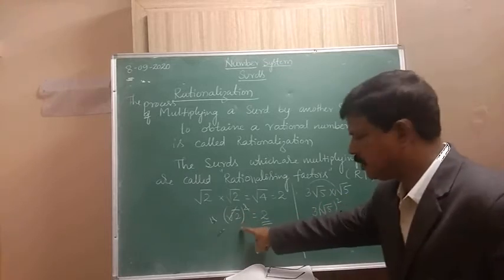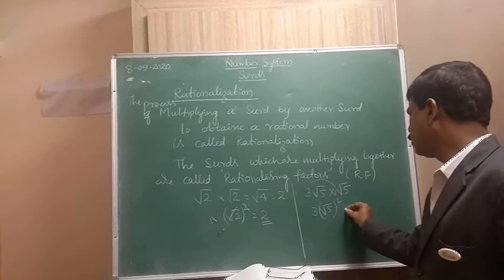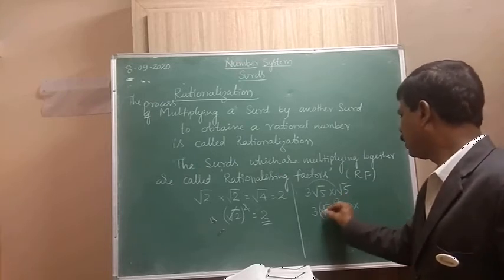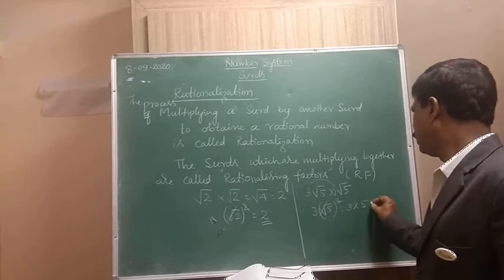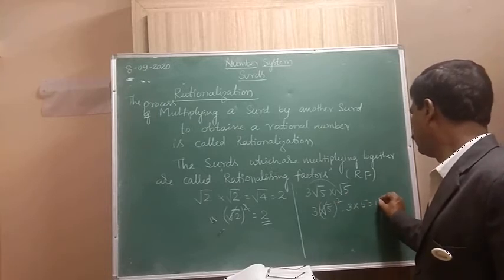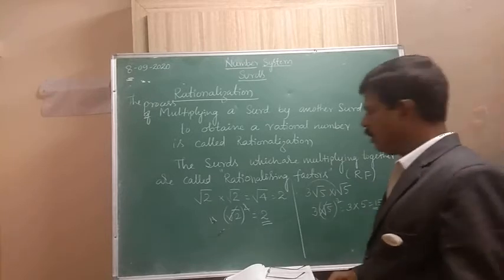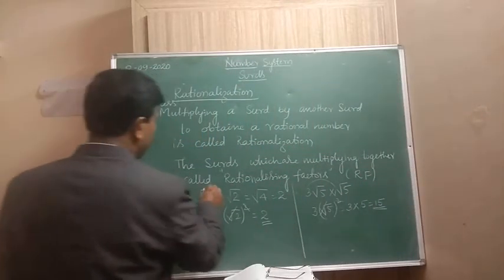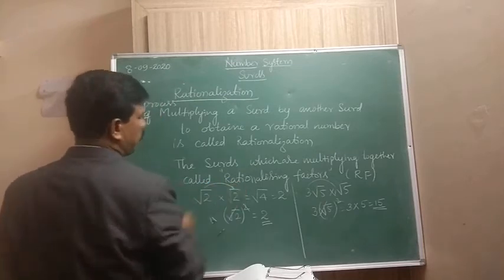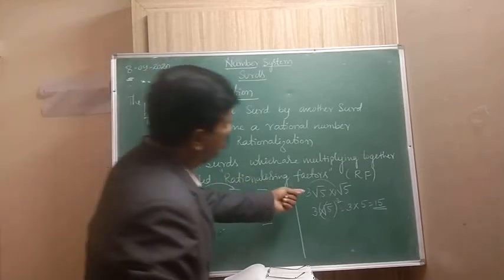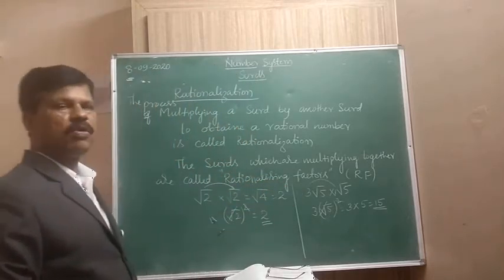Now this is 3 into 5. The square root gets cancelled, so this is 5. 3 fives are 15. So you got the rational number. Here this 2 is the RF of root 2, and for 3 root 5, the RF is root 5.